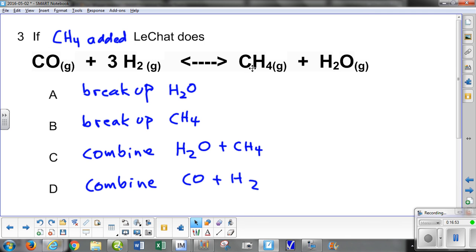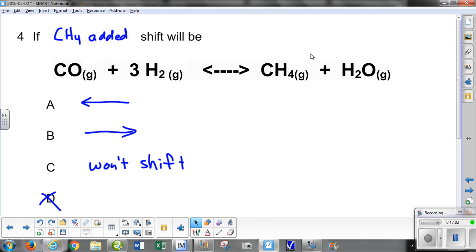So CH4 is getting used up, which offsets, with LeChat's movements, the input of the CH4. So we are obviously in this case going to have a shift to the left, so letter A would be the correct answer.